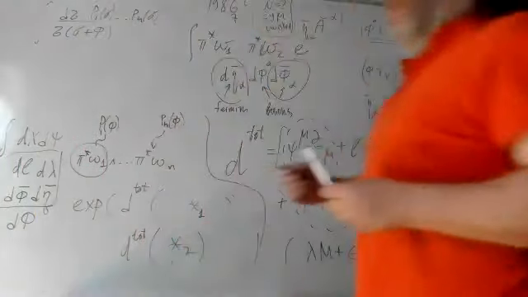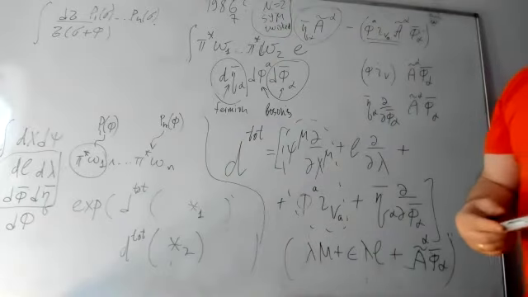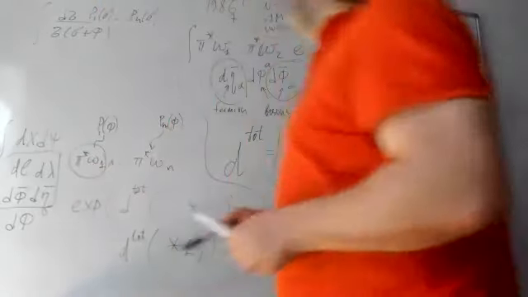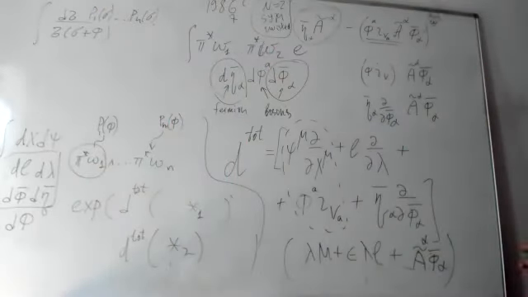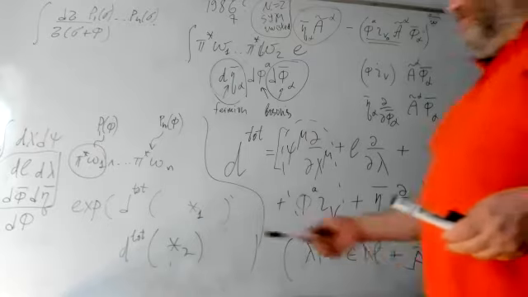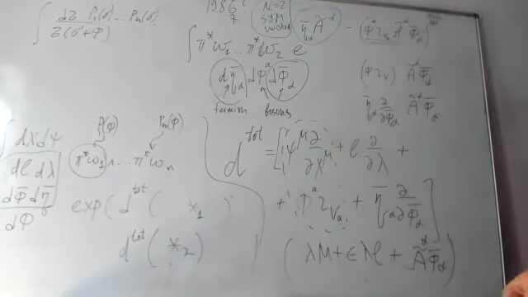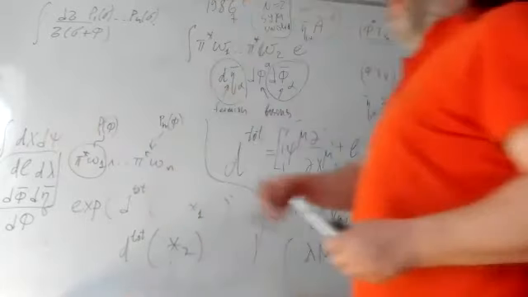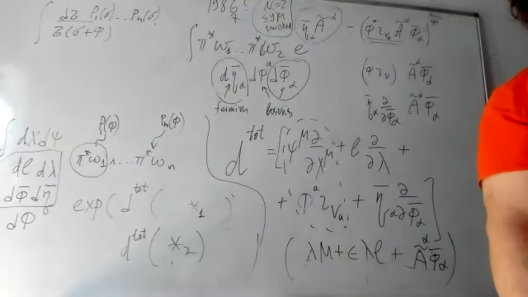We have a bunch of fields here: L, lambda, phi bar, and eta bar. So we need to find a trick that will throw them all away. The question is how to guess this star number 2 that would throw these fields away altogether.